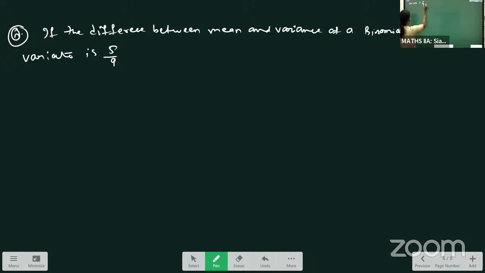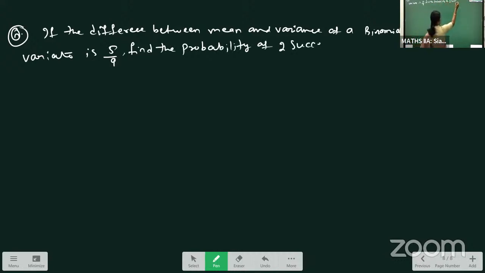Find the probability of 2 successes when the experiment is conducted 5 times.